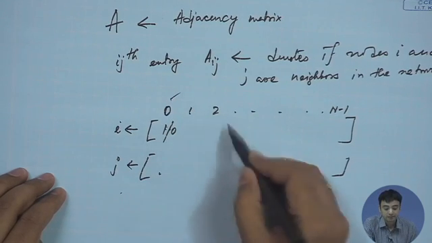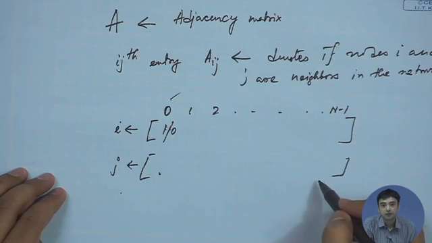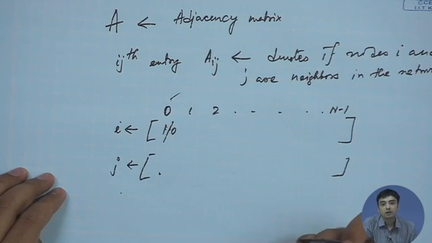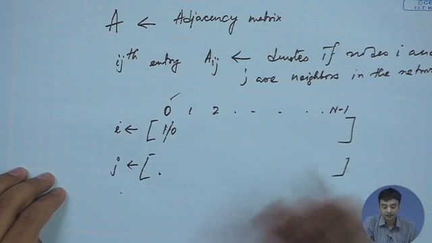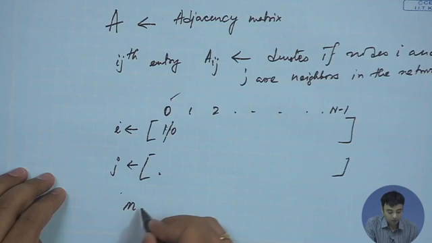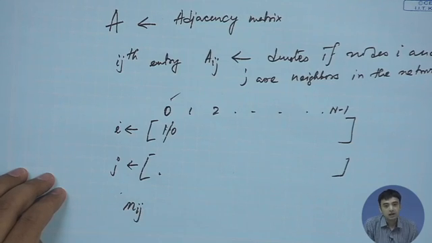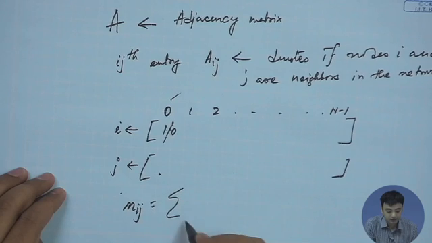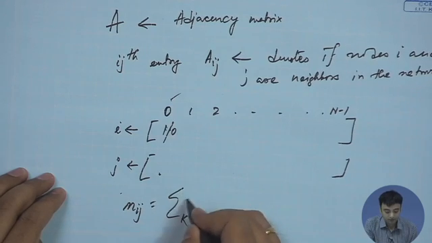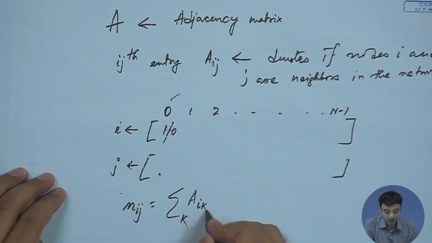So if you simply take the product of the two vectors, you get the common neighborhood. We call Nij the number of common neighbors, and it can be calculated using the sum over k of Aik Akj.